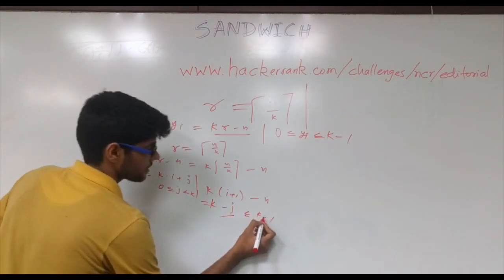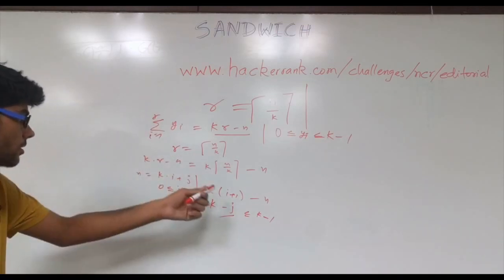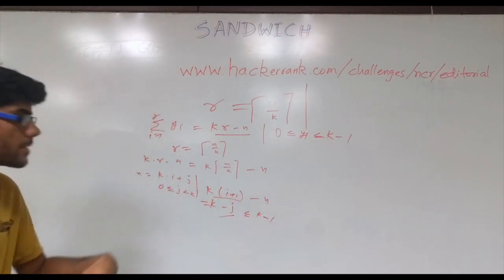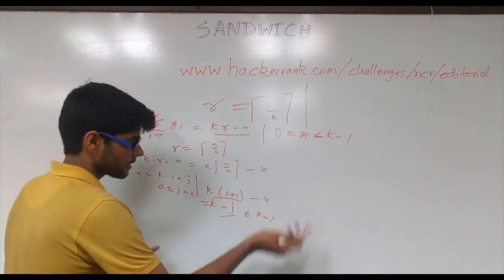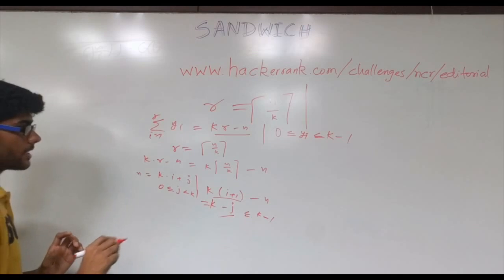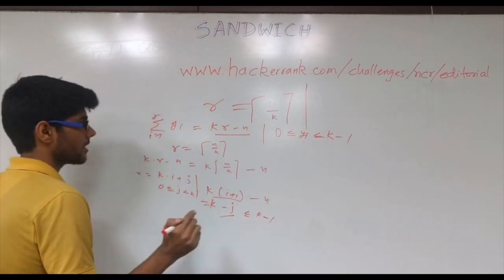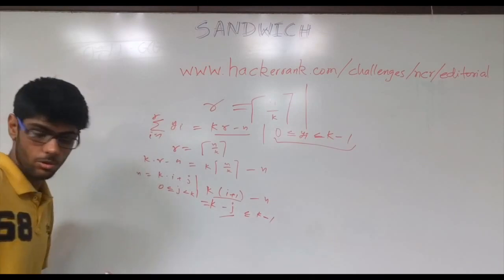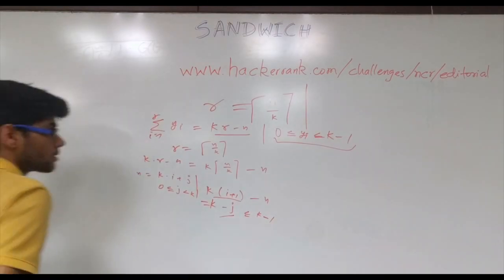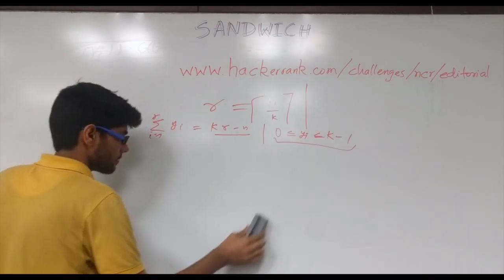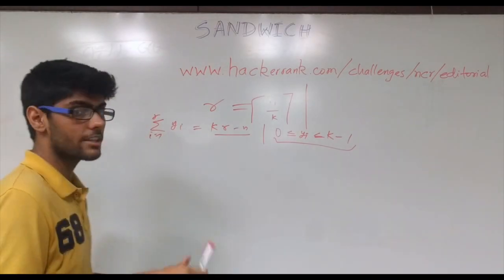In the 0 case, the ceil would not be i plus 1, it would be i instead, and then the RHS would be 0. So we have proved that the right hand side is less than or equal to k minus 1, and the constraints on the variables are also less than or equal to k minus 1. So even if we make the constraints infinity, it does not matter, because they would never yield a feasible solution.